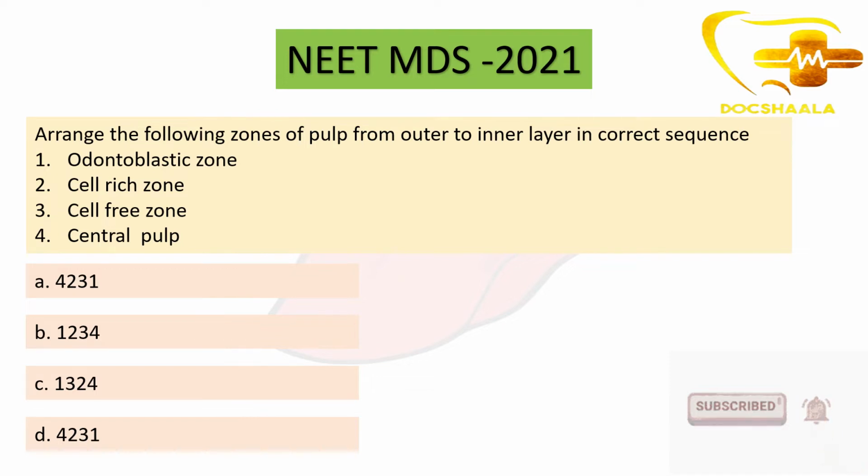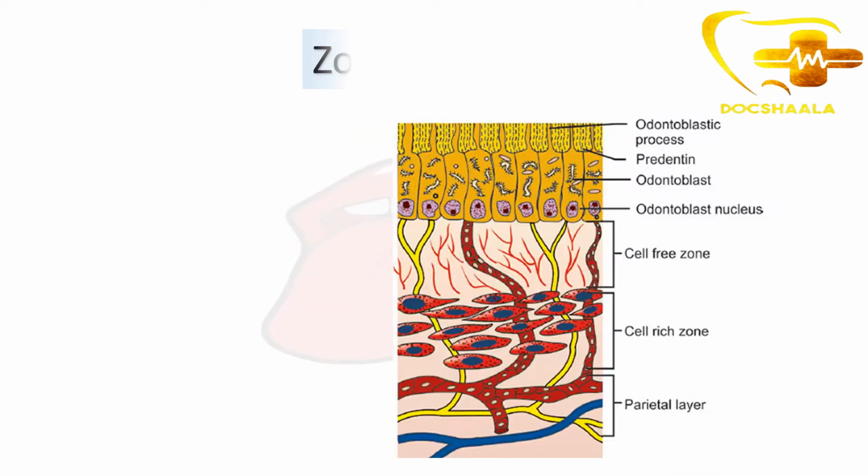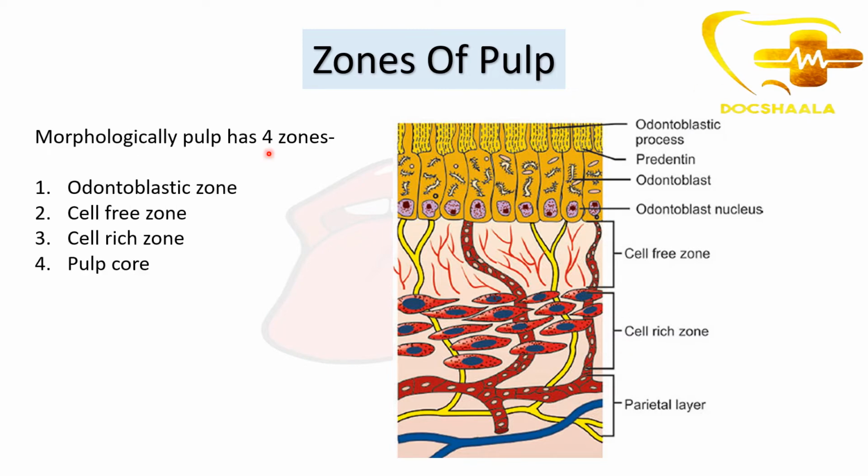So let us look at the zones of pulp so that we can arrive at an answer for this question. You can appreciate from this image, these are the zones of pulp, a histological diagram. Morphologically, pulp has 4 zones.